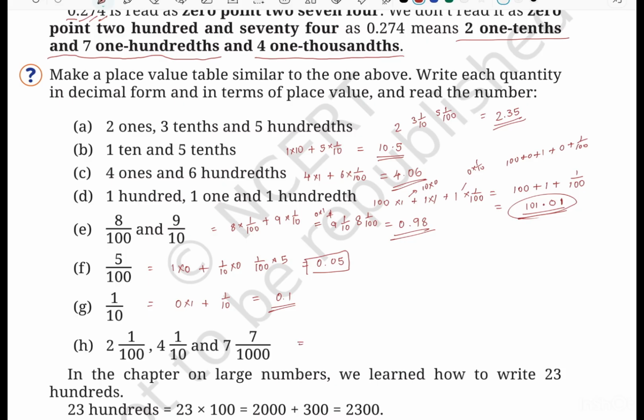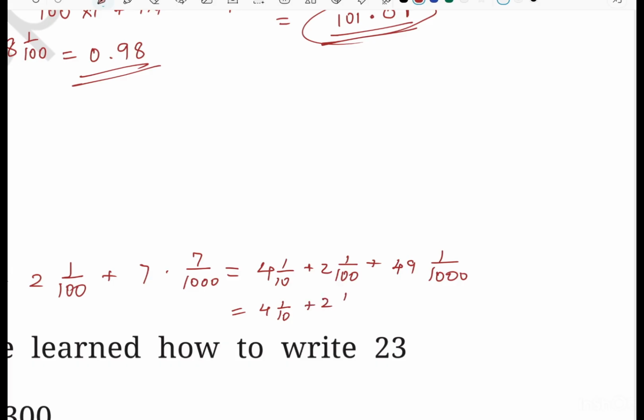Next question, we can write the tenths first. So 4 tenths and 2 hundredths and 49 thousandths. Next we have to convert this 49 thousandths so that we can write 49 as 40 plus 9.